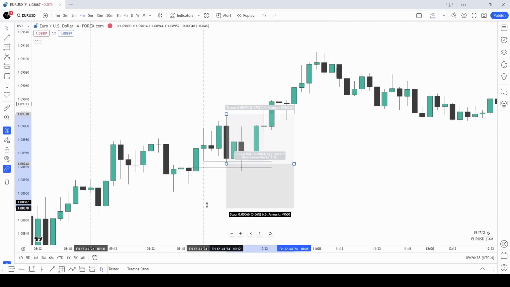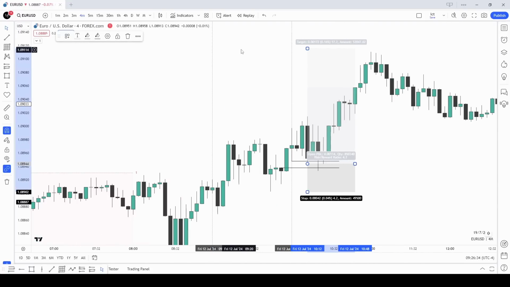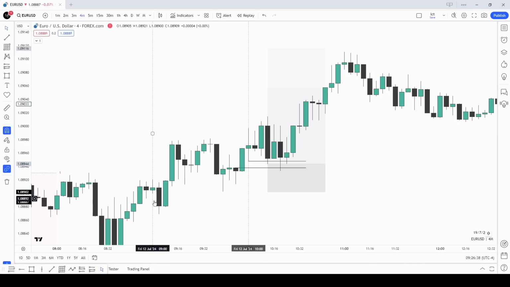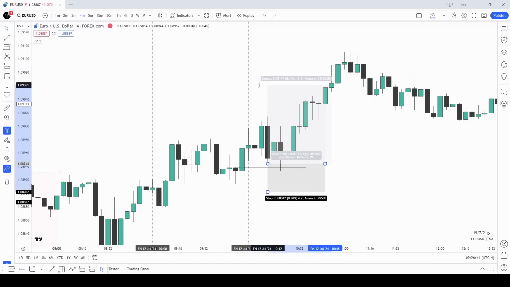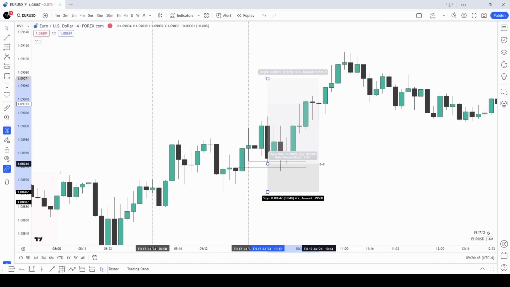Price afterwards wicks in and then moves higher towards a higher time frame target. You put your stop loss below this low because it rebalanced all of this inside here. This down close candle got tapped into, and then you could target a simple 1 to 3 and take away your money at that point.